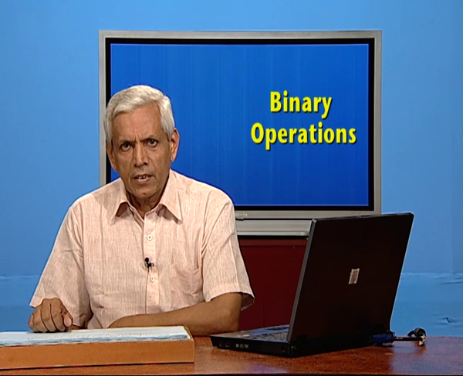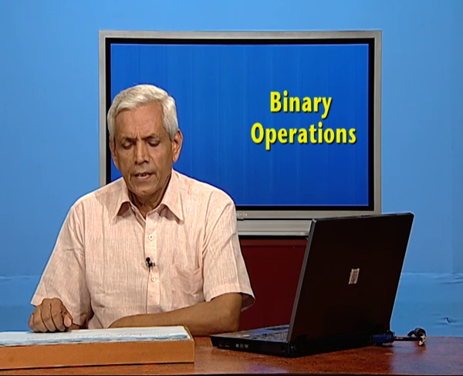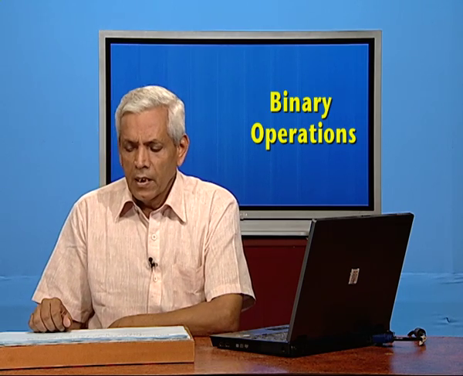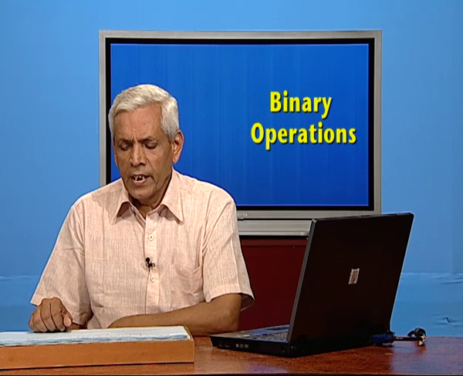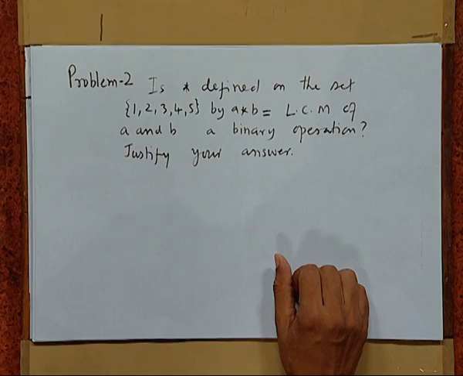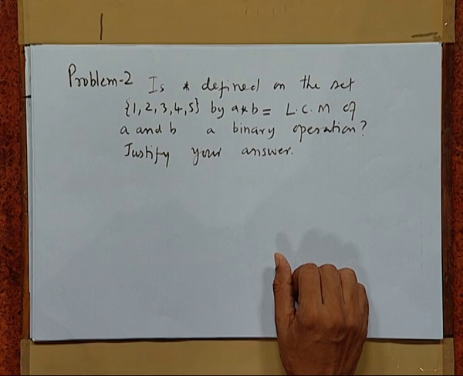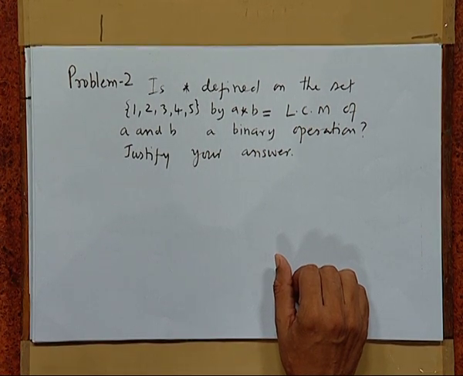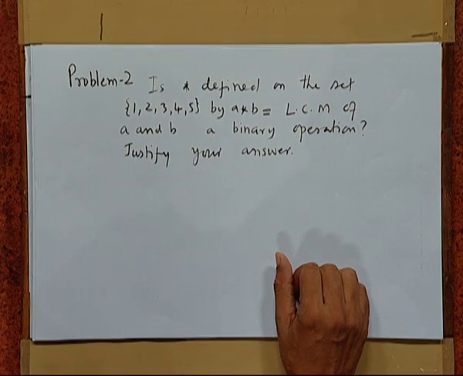Now, the table is useful only when the number of items is finite and small. Let us take the next problem. Here a set is given containing 1, 2, 3, 4, 5, and a rule is given that A star B is the LCM of A and B. Now, the question is whether this rule defines a binary operation.